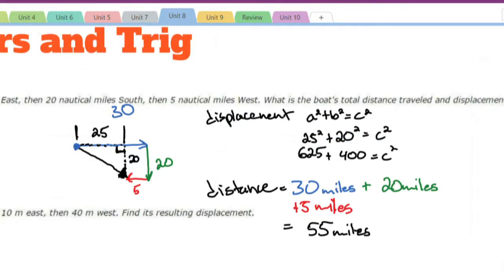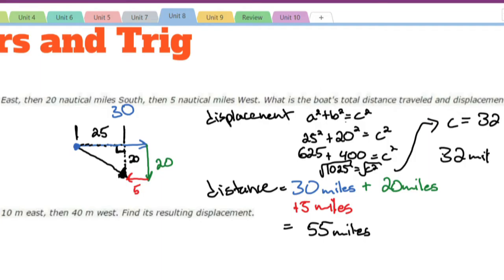So 625 plus 400 is 1,025. That's c squared, so take the square root of both sides. The square root of 1,025 is 32. So c is 32 miles. So I am 32 miles from where I started.